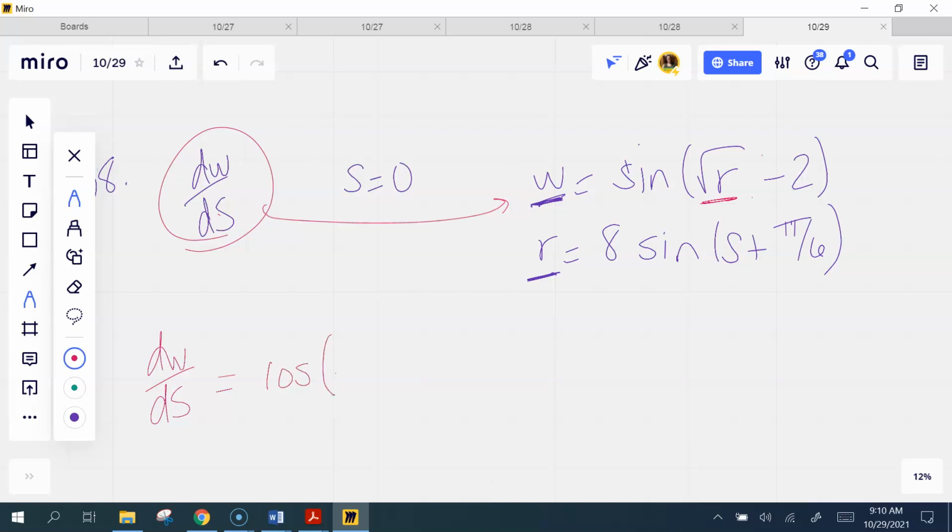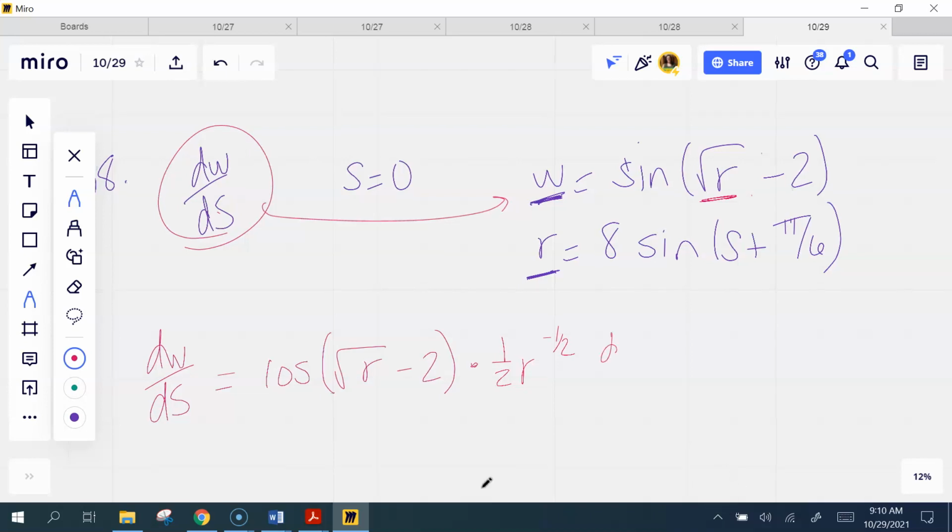Okay? So the derivative of sine is cosine times the square root of r minus 2, because y'all are good at that. Times dr over ds. Miss Allison Gordon is right, dr over ds. Look, and here is why: I'm finding it with respect to s.